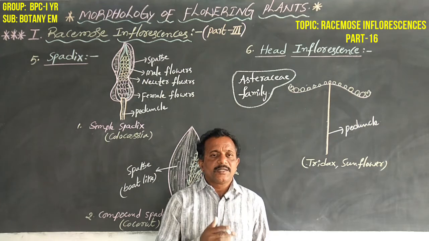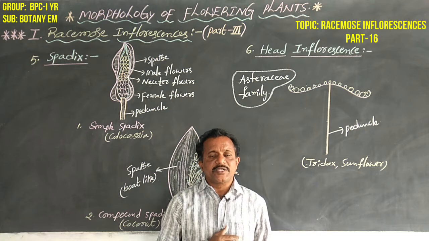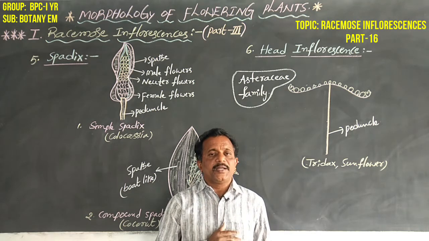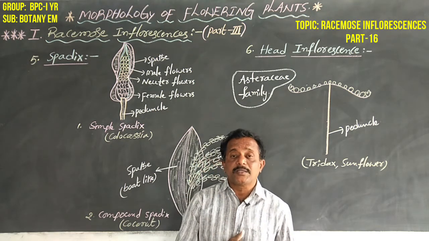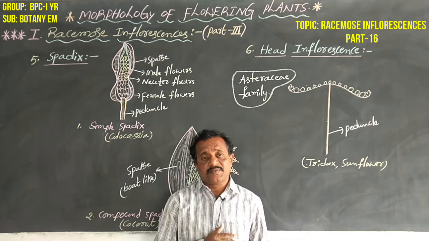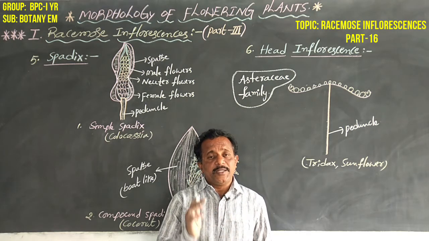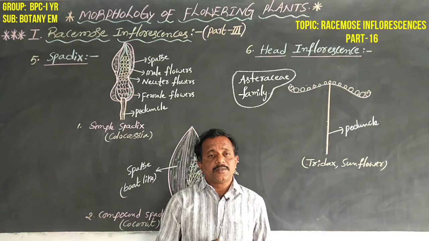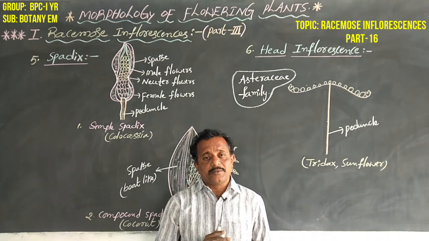Second, explain how the stem is modified variously to perform different functions. Third, explain different types of racemose inflorescences.